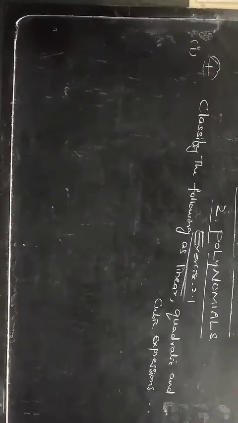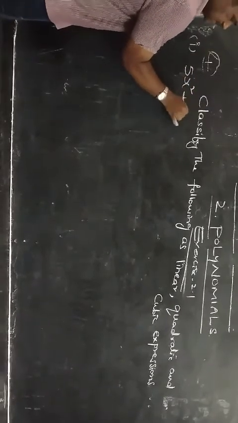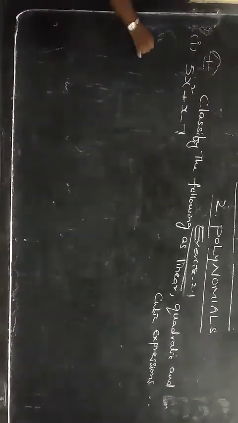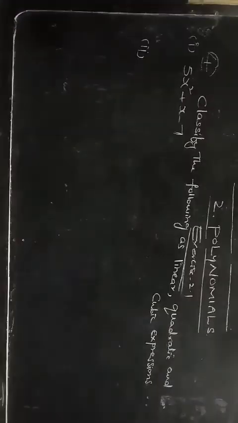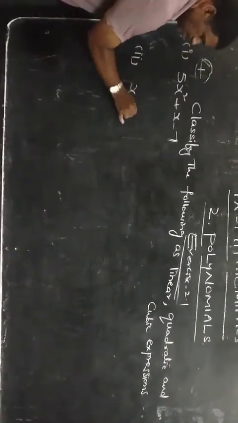First one is 5x square plus x minus 7. Second one, x minus x cube.